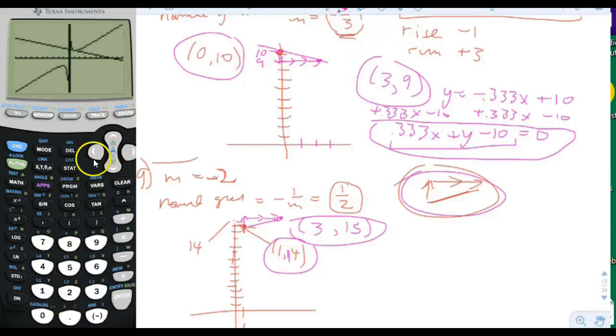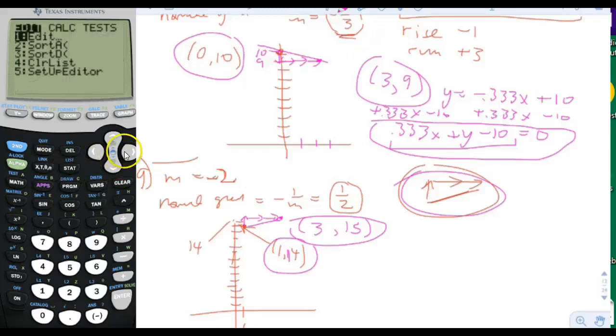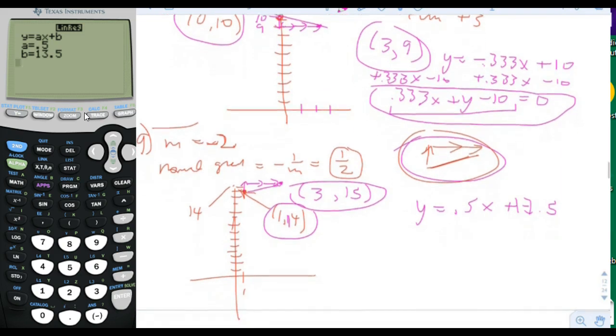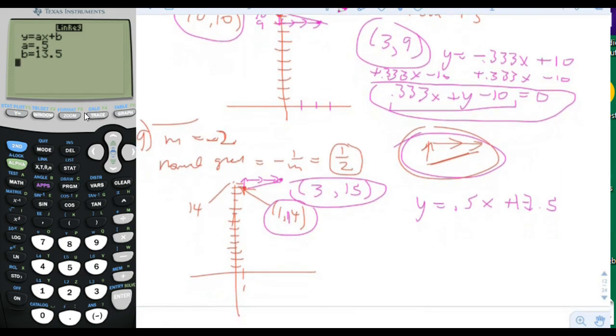Graph it. I'm sorry, not graph. Stat, calc, linreg, L1, L2, frequency list blank, calculate. And that gives us y equals 0.5x plus 13.5. And if I want to put this in standard form, I subtract 0.5x from both sides.